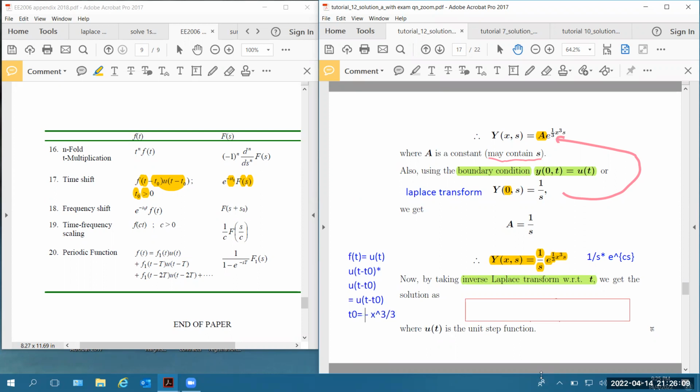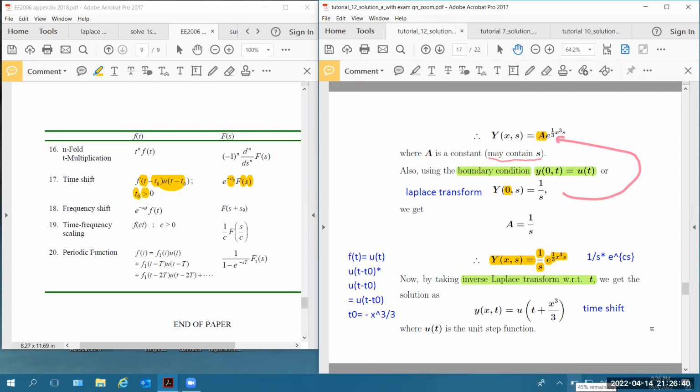There's a minus. So your t0 actually is this. Then you just put it inside. This is actually your answer already. So therefore, you just get your y(x,t) is u(t − t0), where this is your t − t0. Okay, so that is the answer. Any problem? No problem, right?